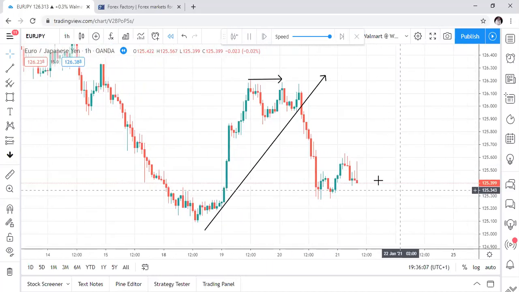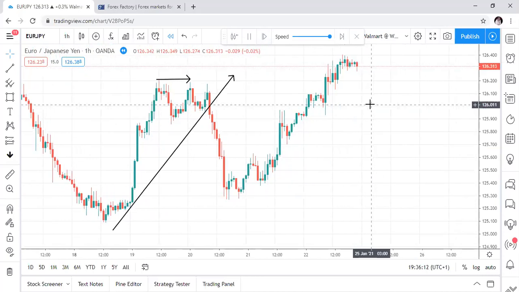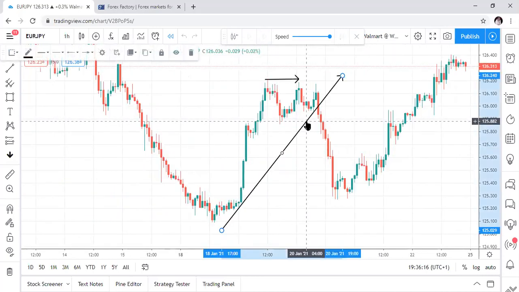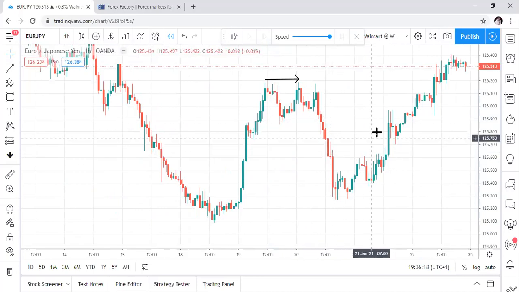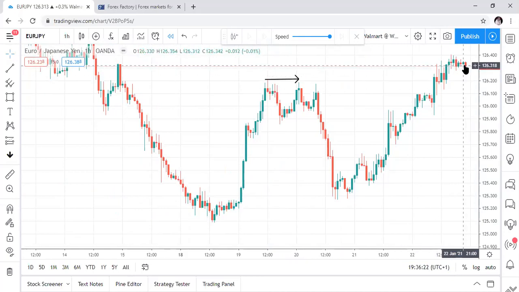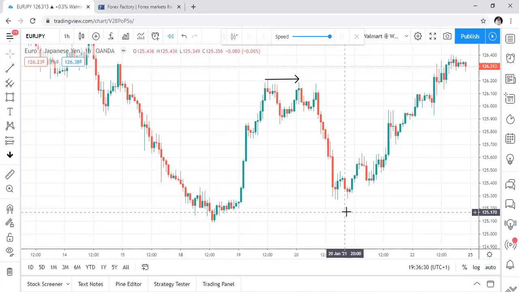Let's play it. Can you see the pullback? But if you are not careful here, if you want to sell here, it will take you out. Why? Because something happened there. This is what happened. You see it?